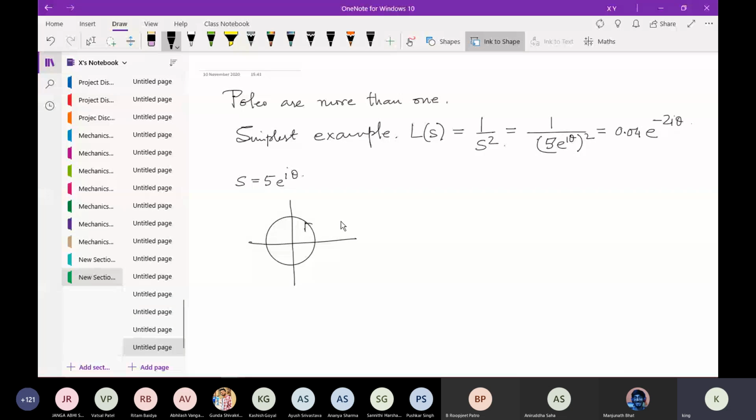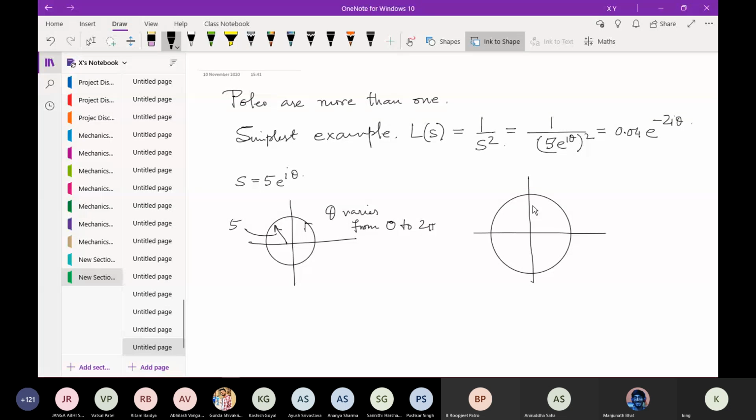So if you traverse in this direction, in this case, and you'll have this angle phi.